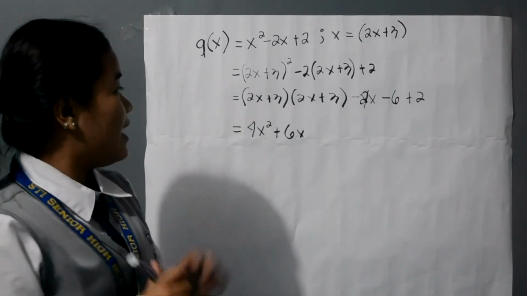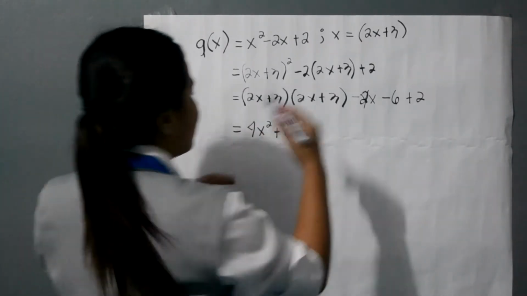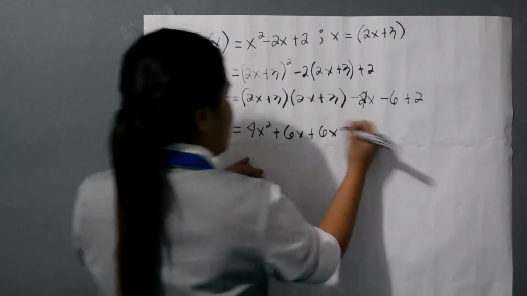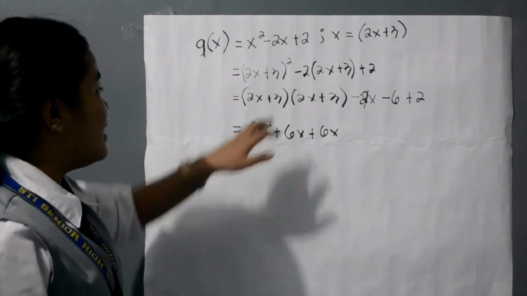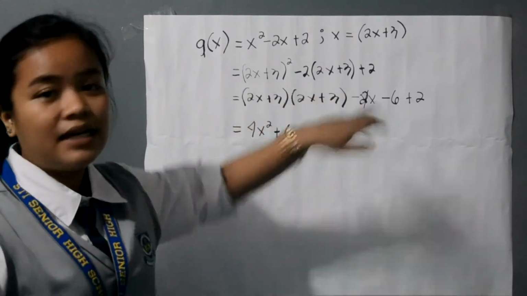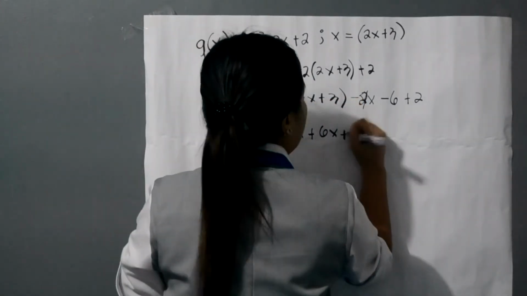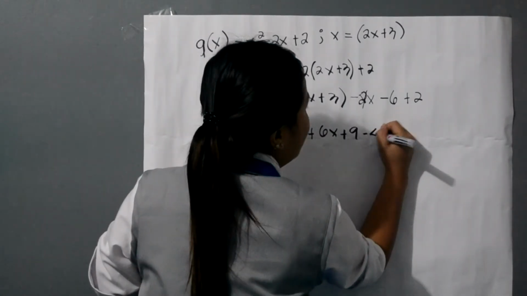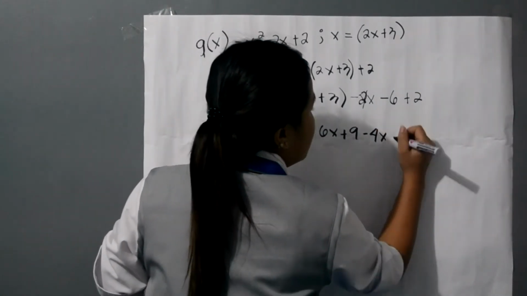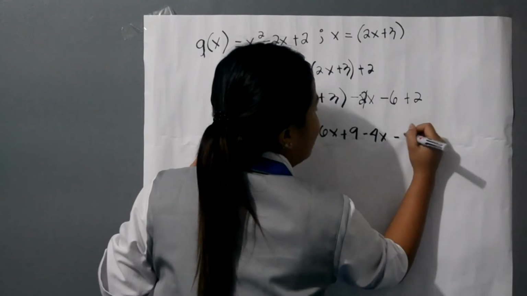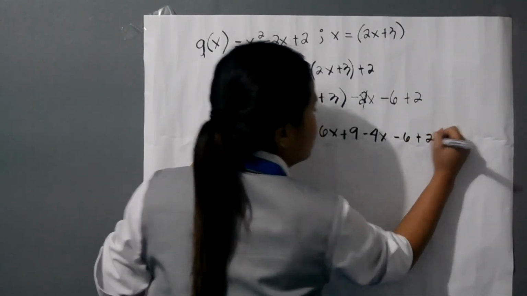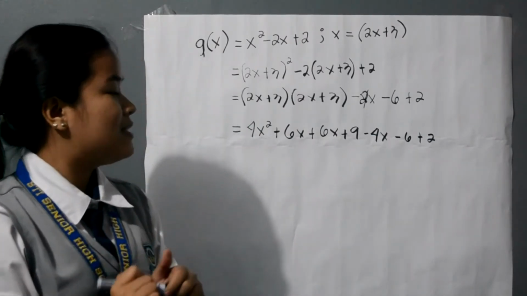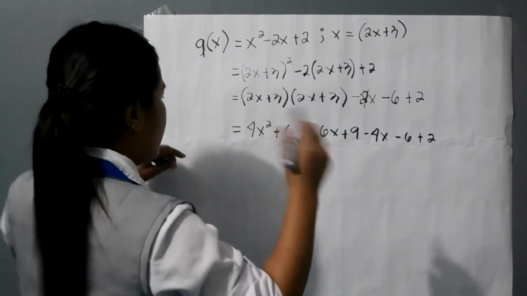Plus 3 times 2x is equal to 6x. Then, lastly, 3 times 3 is equal to 9. Copy the negative 4x, negative 6 plus 2. I mean, minus 4x minus 6 plus 2.